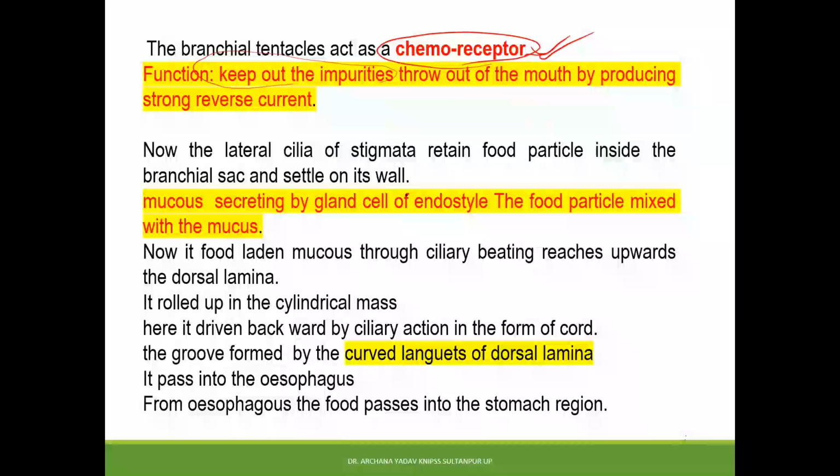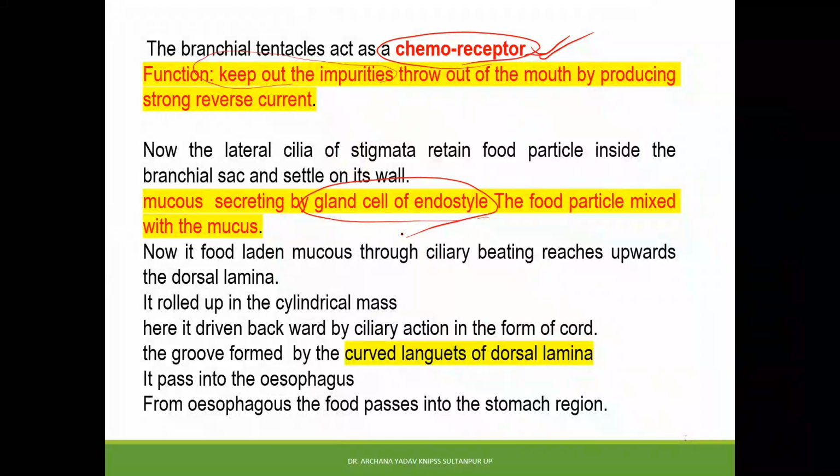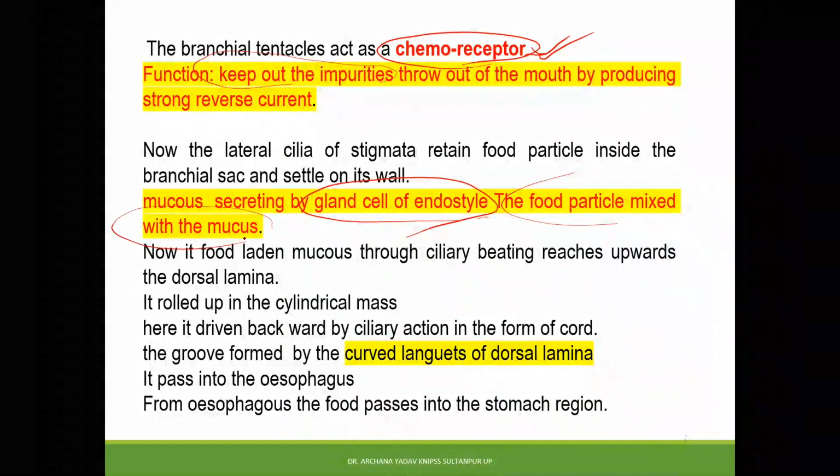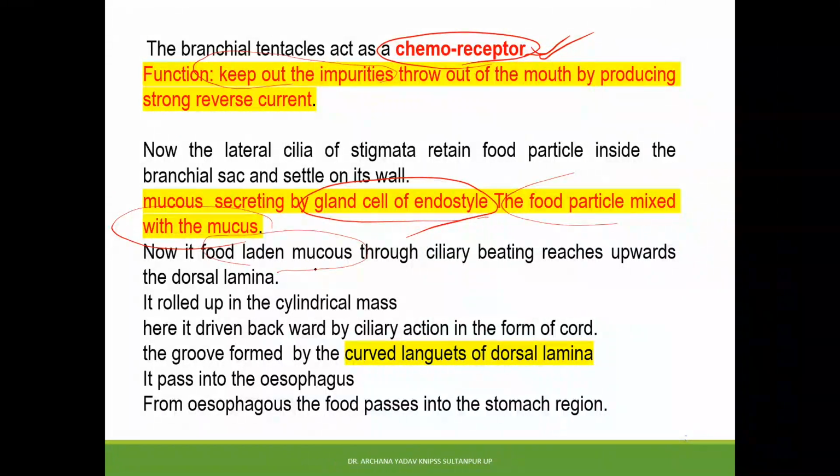After mucus secretion, which is secreted from the gland cells of the endostyle, the function of the endostyle being mucus secretion, the food material is mixed with mucus. This food-laden mucus, through ciliary action, reaches towards the dorsal lamina.